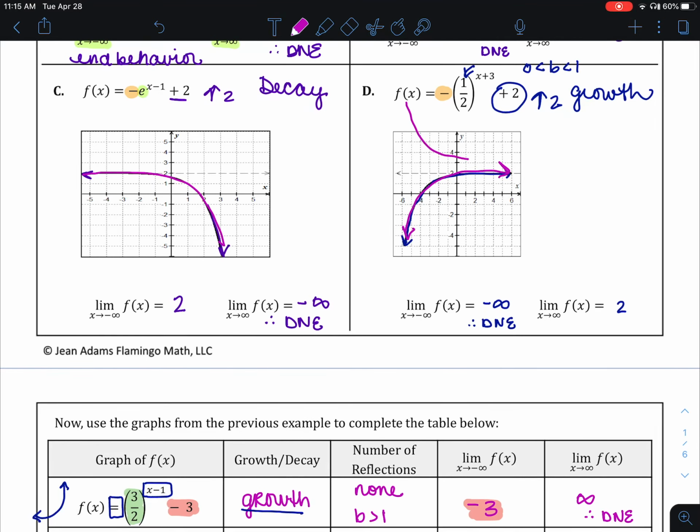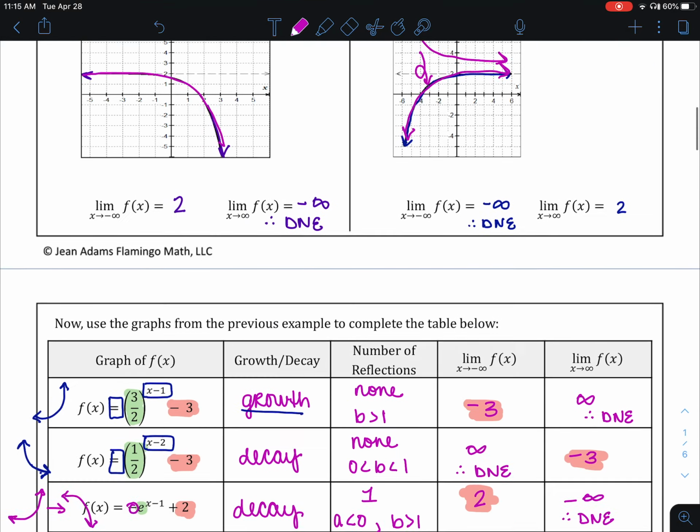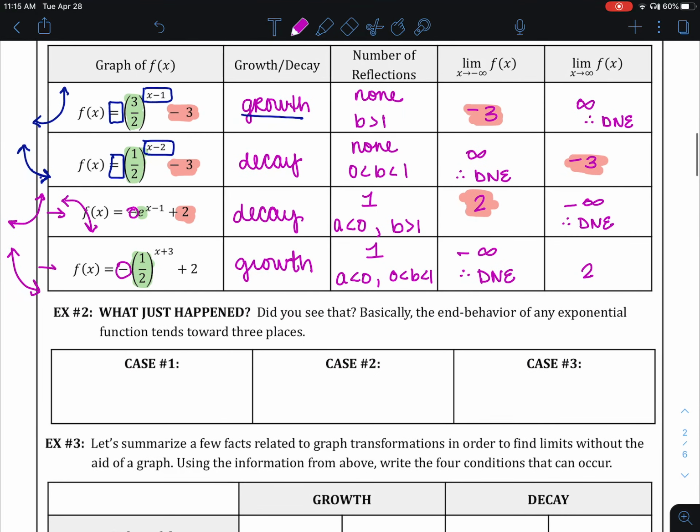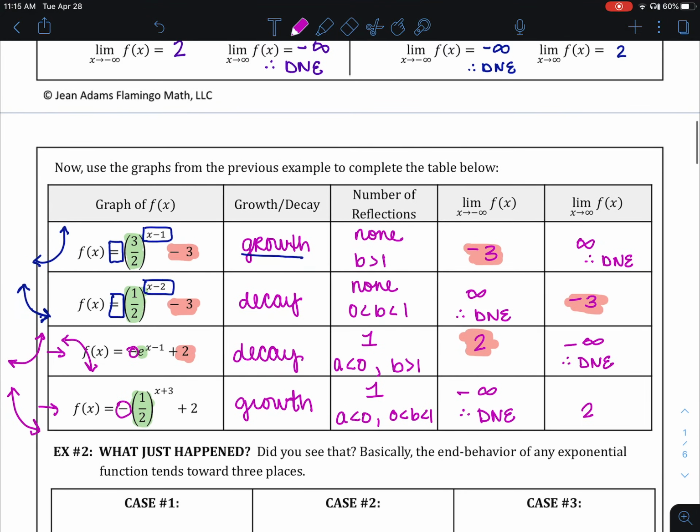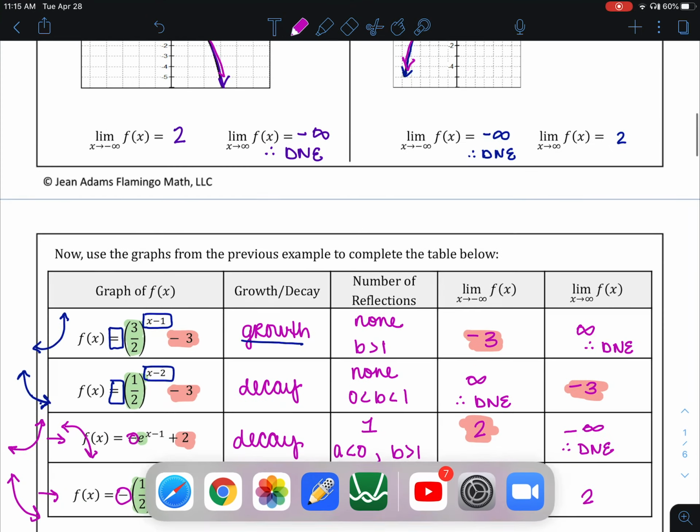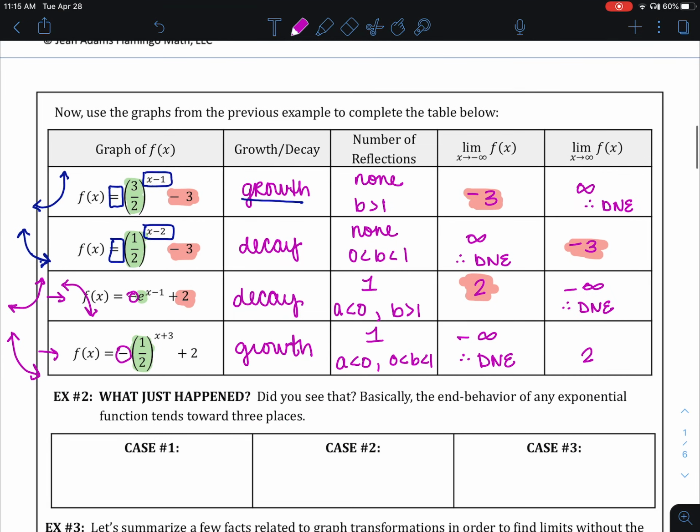If you imagine that it looked like this, the negative flipped it down. And so now, while we have growth, right? I'm trying to show the graph again. While we have growth, now we expect it to go like this and to cap out again at 2.